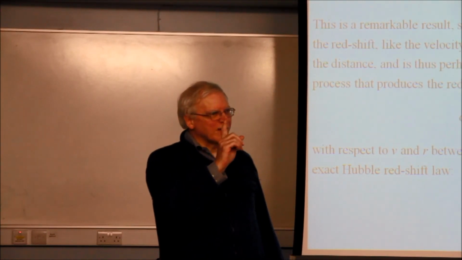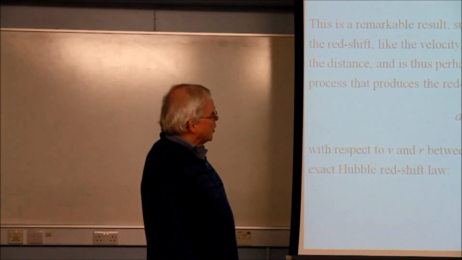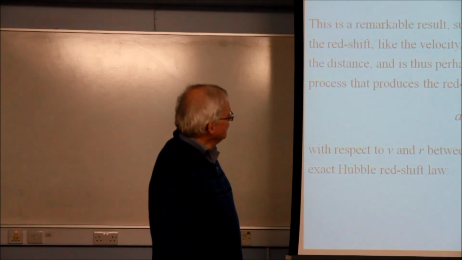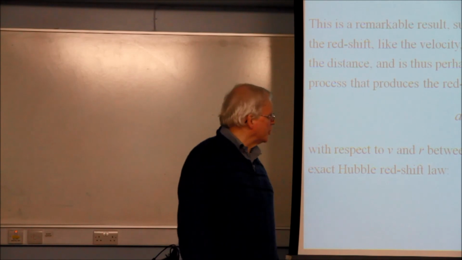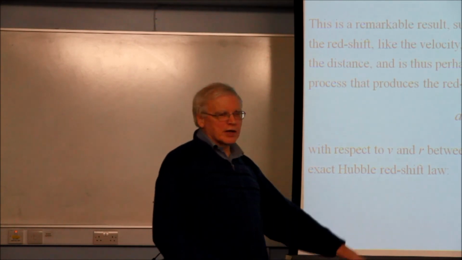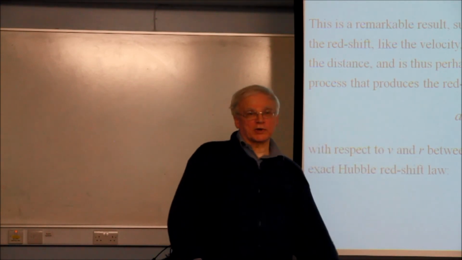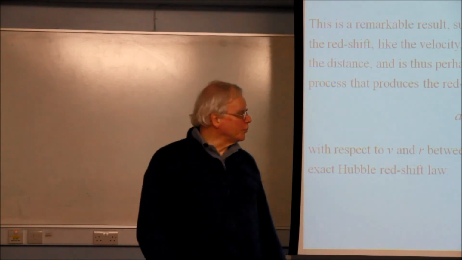At this one value of omega lambda, it depends only on the Hubble constant and the distance, same as the velocity. And so one would think it might be part of the same phenomenon. And we can actually integrate the acceleration to get the velocity term, or we can differentiate the velocity term to get the acceleration term. Whichever way around you want to do it.